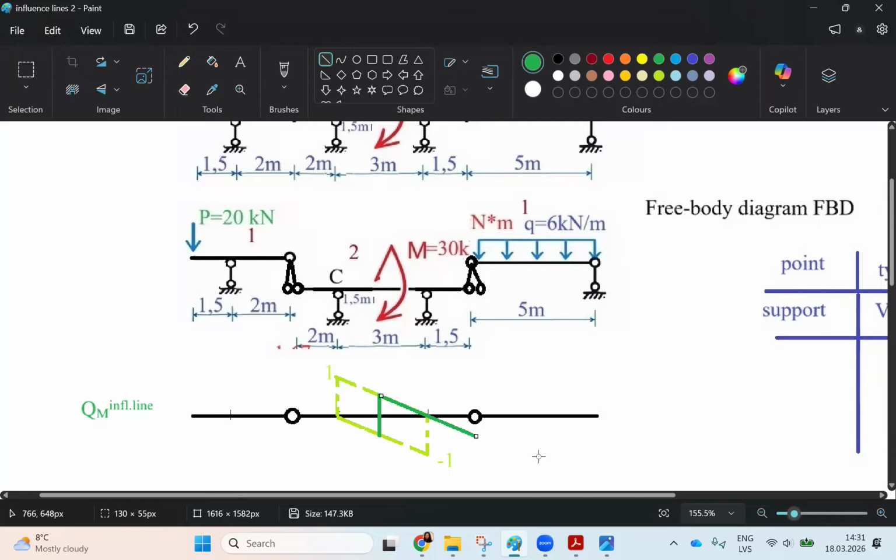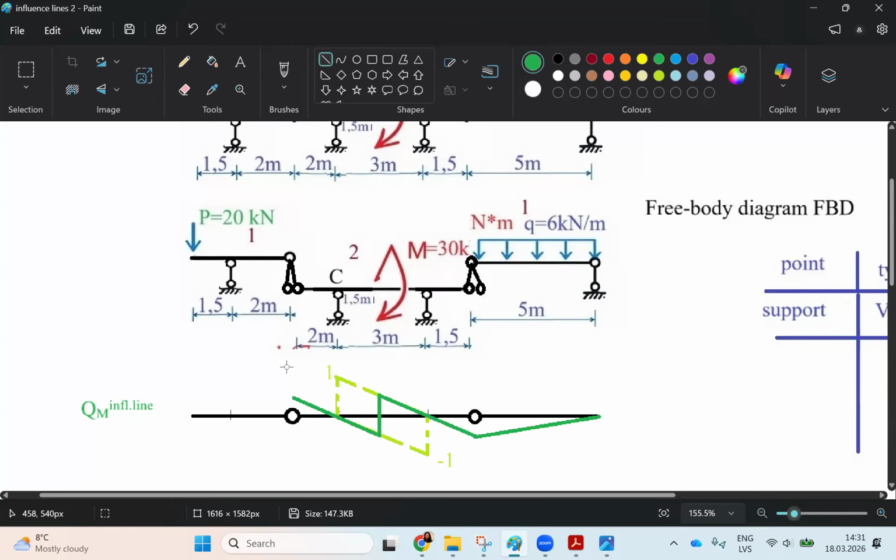And case 2 goes to both sides, especially for this beam free body diagram. At the hinge, it turns the direction and ends at this end support.